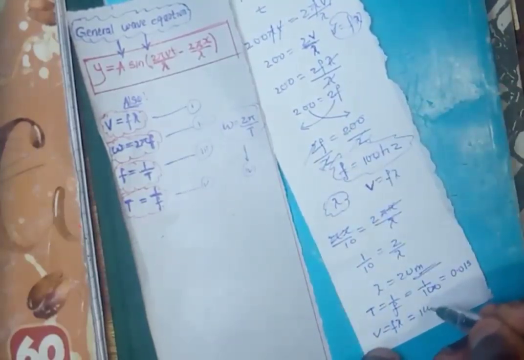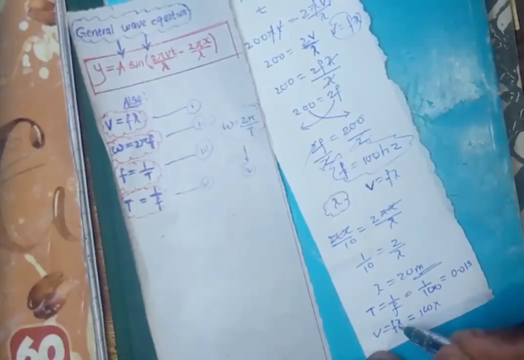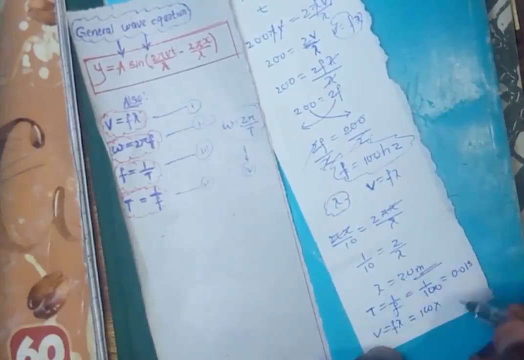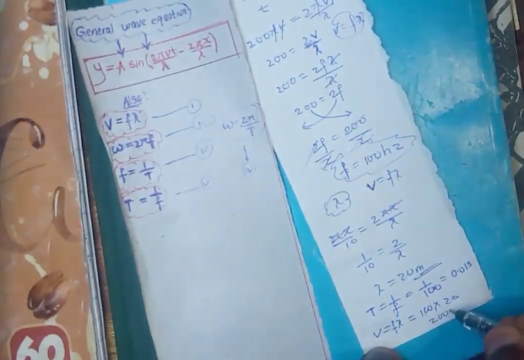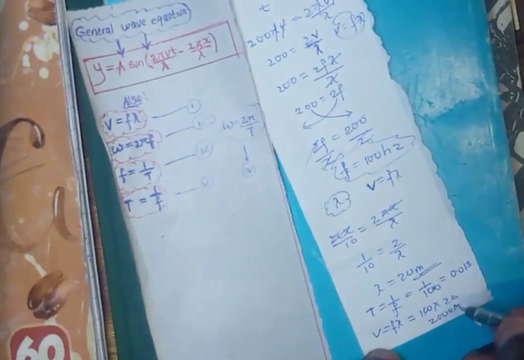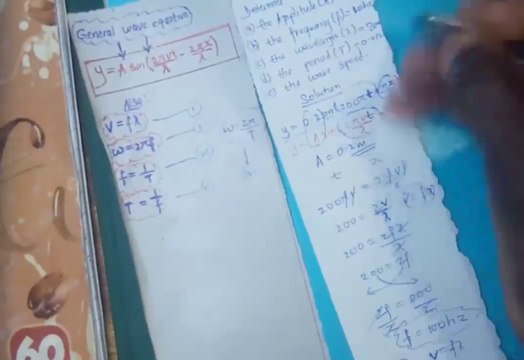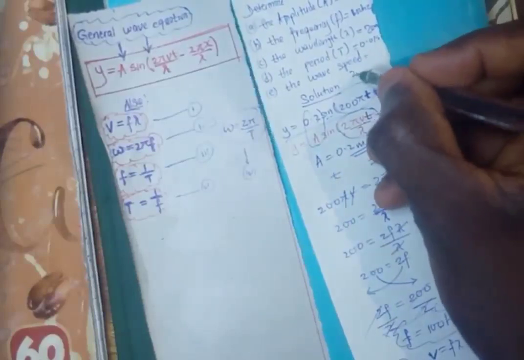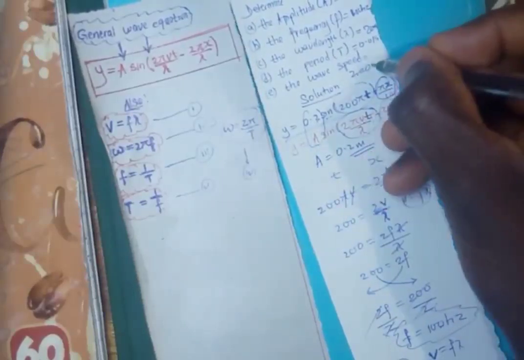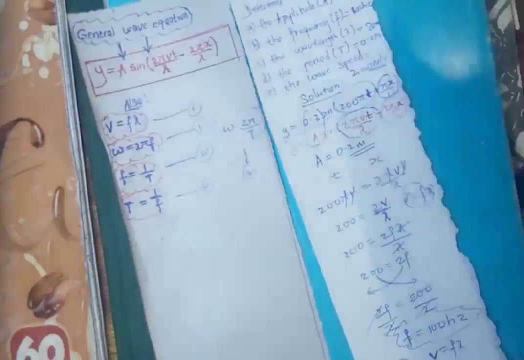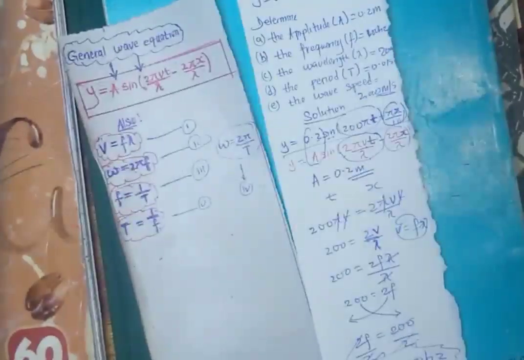Frequency 100 times the lambda, which is 20, gives us 2000. The unit for velocity or wave speed is meter per second, and that is it. So our answer here will be 2000 meter per second. And that is all.